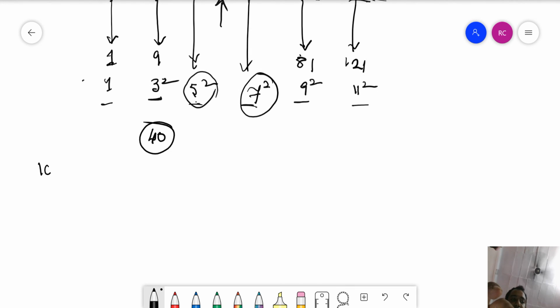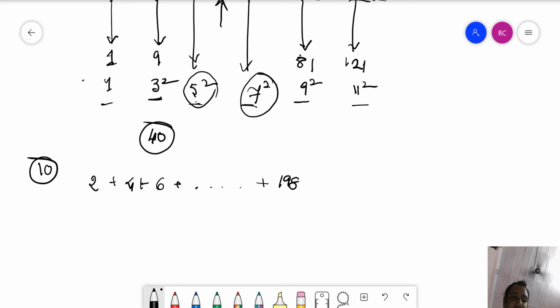Going to the last question for today's round, we have a series 2 plus 4 plus 6 up to 198. It asks us to find the middle term.